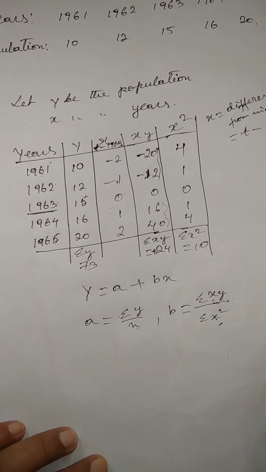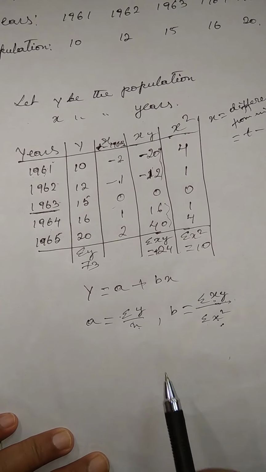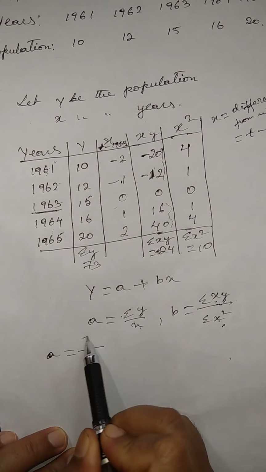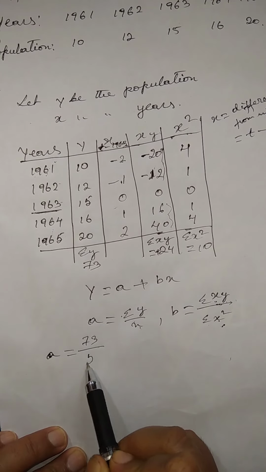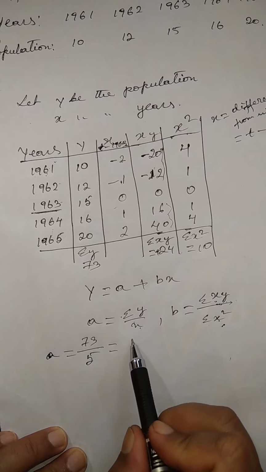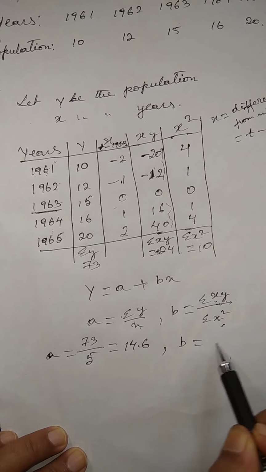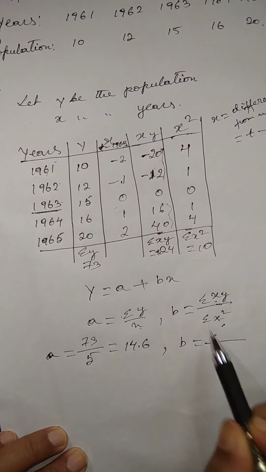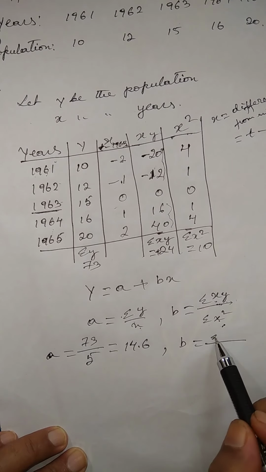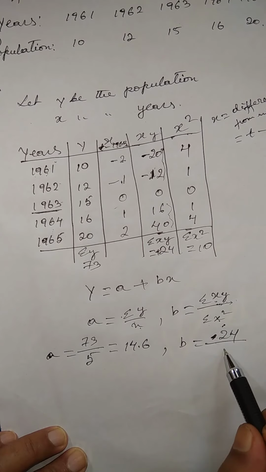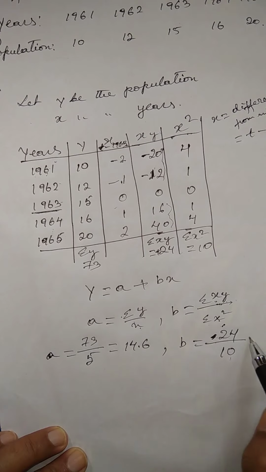Now we find a, which is summation y, 73, divided by 5, which equals 14.6. And b equals summation xy, 24, divided by summation x squared, 10, which equals 2.4.